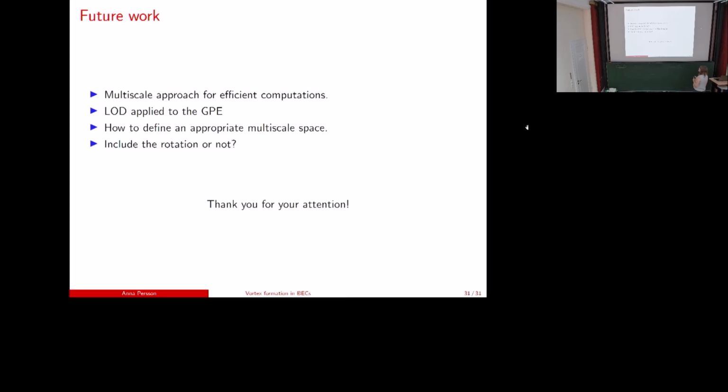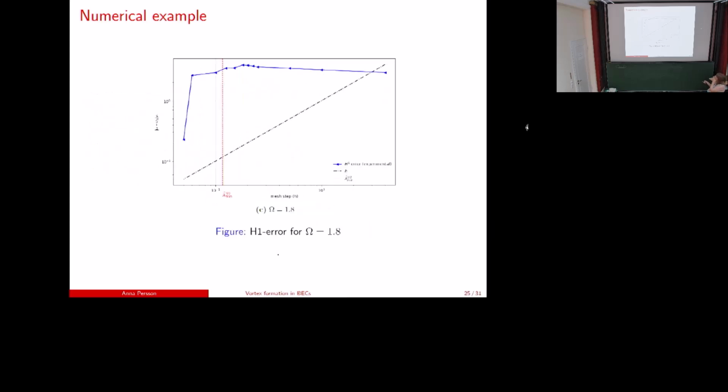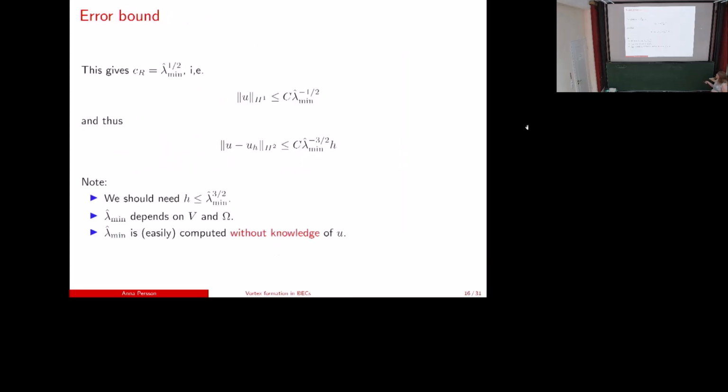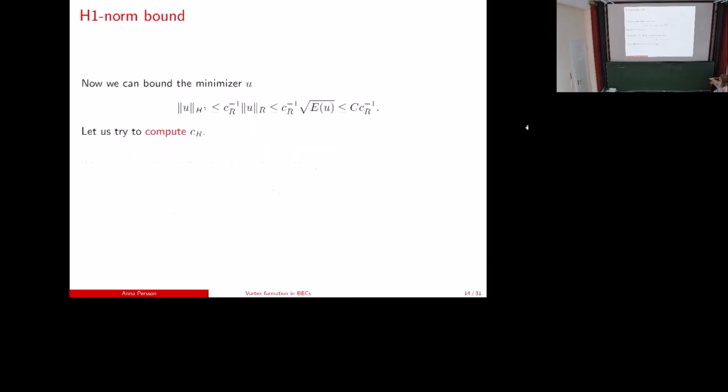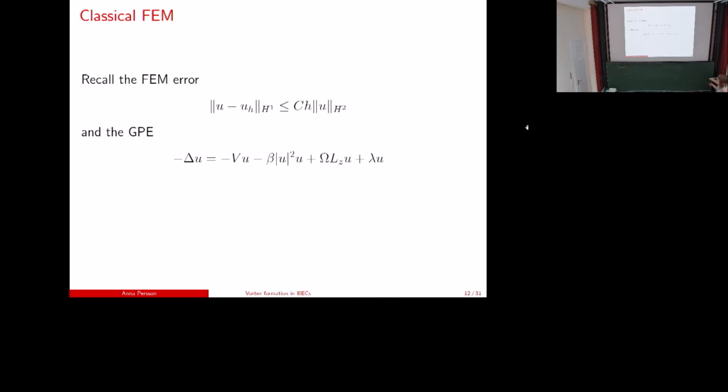It's not trivial, because I see I have some time, so I can discuss this. When you use the LOD method, you have your bilinear form A, which usually comes from your diffusion coefficient.